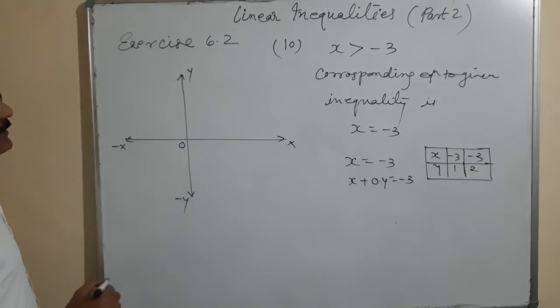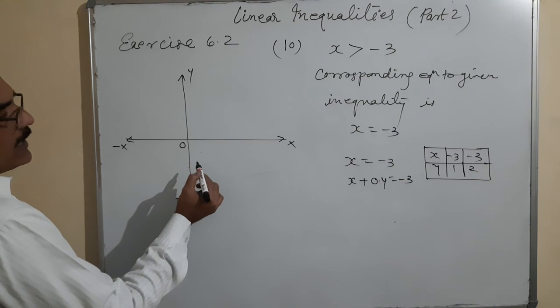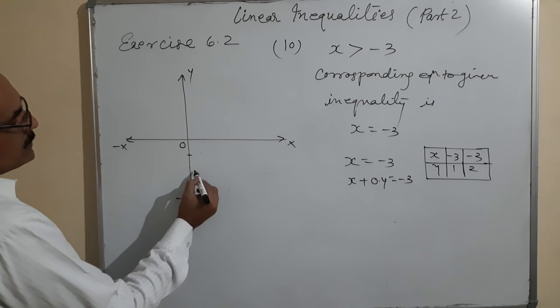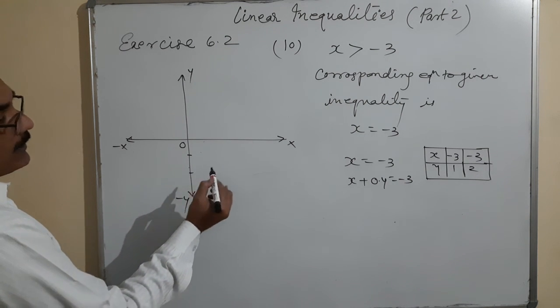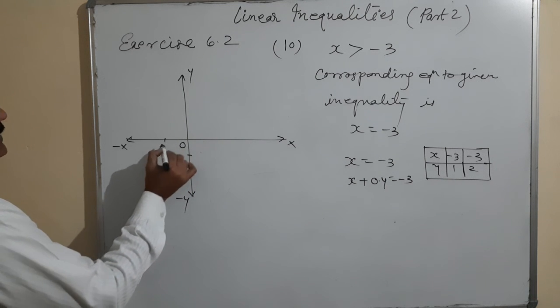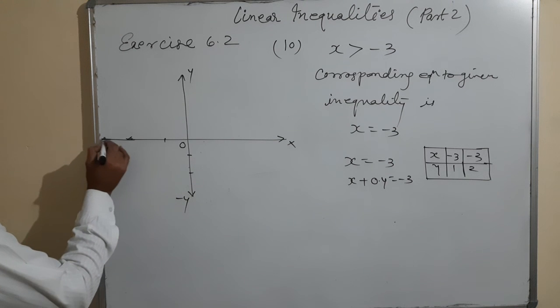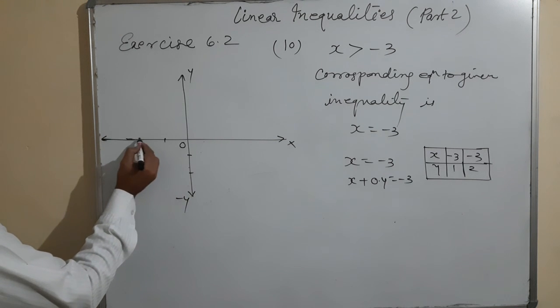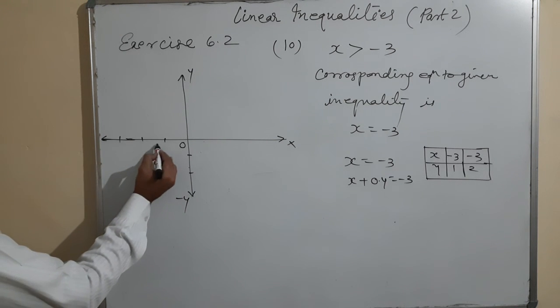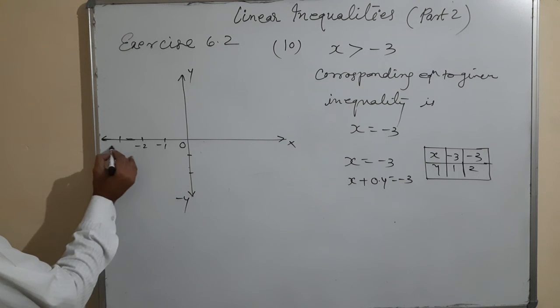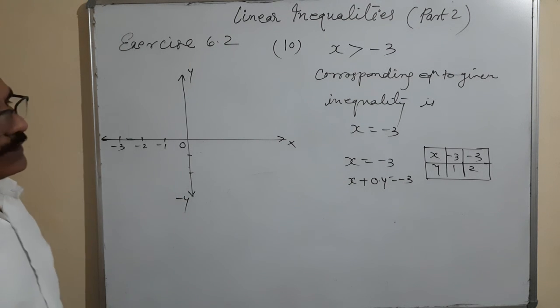Where's the minus 3? Minus 3, minus 1, minus 2, sorry, minus 3 on x side. Minus 1, minus 2, minus 3. Okay.